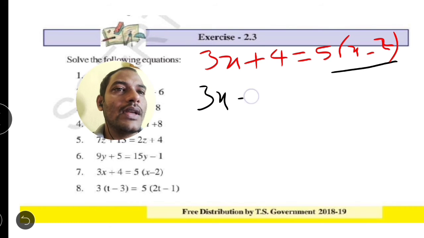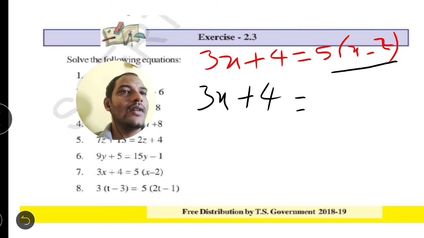3x plus 4 equals 5 bracket of x minus 2. So what is the symbol between 5 and the bracket? That is the into symbol, 5 into x minus 2. So when a bracket is given, the number before the bracket is multiplied inside with every element.